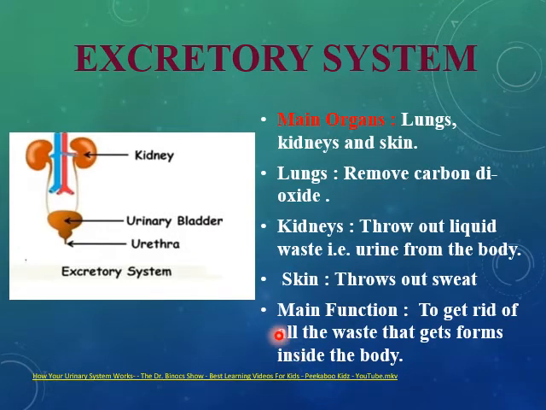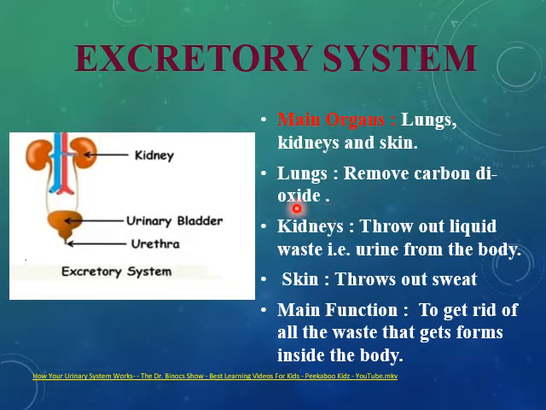So let's see the organs that make up our excretory system are lungs, kidneys and skin. The lungs, kidneys and skin are the main organs of the excretory system. Now let's see the function of the lungs. Lungs remove carbon dioxide.